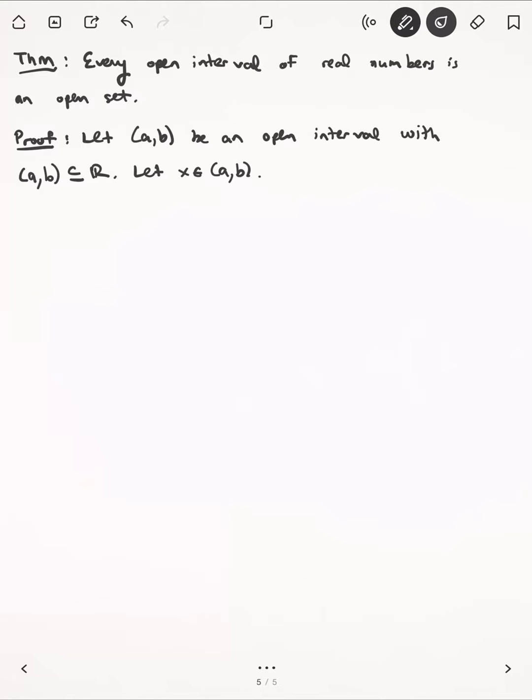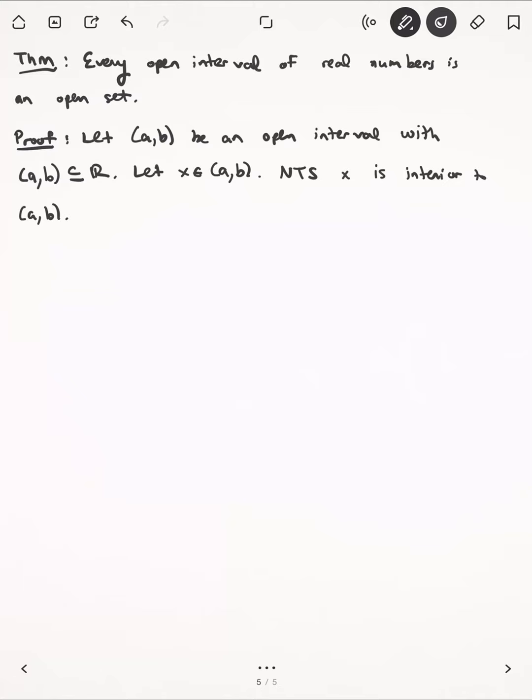And what do we need to do? So we need to show x is interior to (a, b). That is, we need to be able to find the delta such that the neighborhood around x of radius delta is still contained in (a, b).